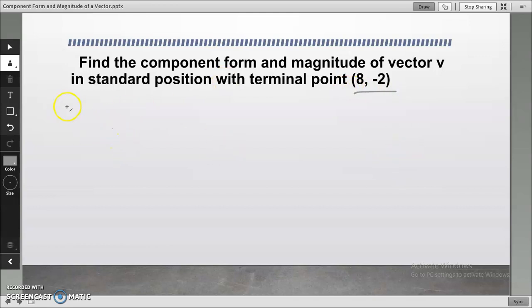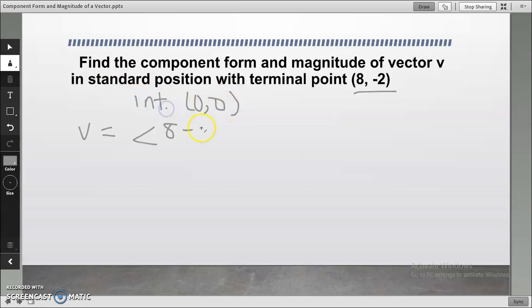So again, vector v is equal to, and then I have my terminal point, which is 8, minus my origin, right, which is 0, 0, which is my initial point when it's in standard position.